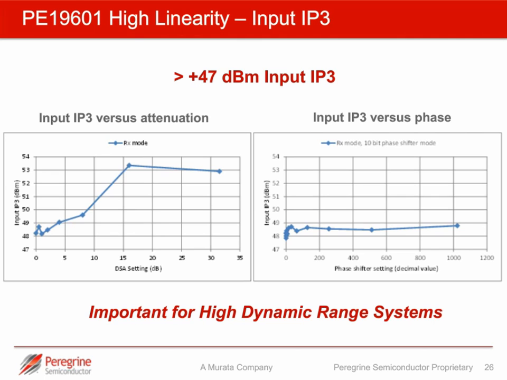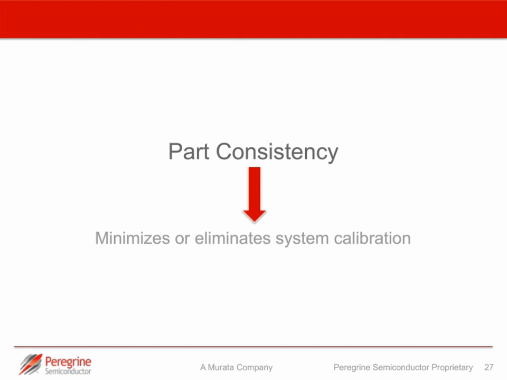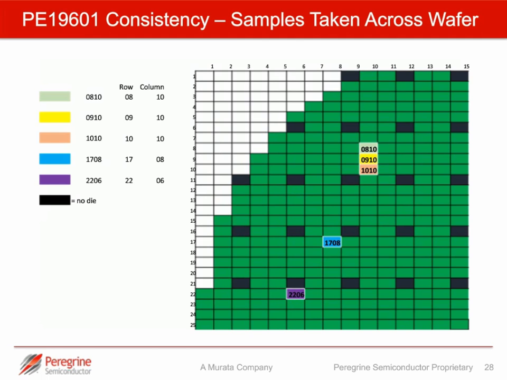We talked about consistency being important in the system, because this enables us to minimize or eliminate calibration. What we have here is a study that Peregrine has completed where we took samples of die across a wafer. You can see highlighted 5 locations across the wafer that are all numbered depending on their location.